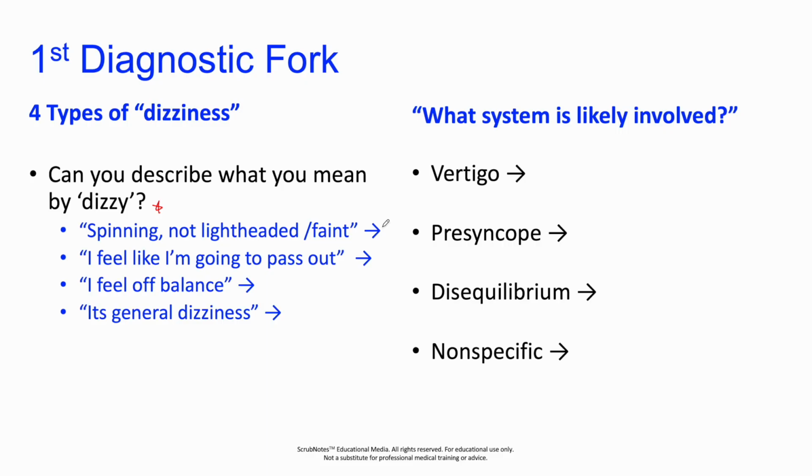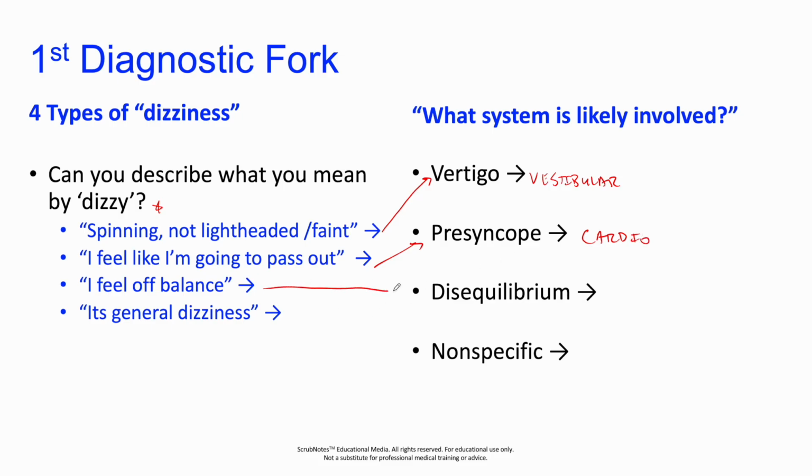You could ask the patient to describe, what do you mean by dizzy? If they say it's a feeling of spinning, but not lightheaded or faint, that could be more indicative of vertigo, which has a vestibular cause. If they say, I feel like I'm going to pass out, that might be more likely presyncope, which has a cardiovascular cause.